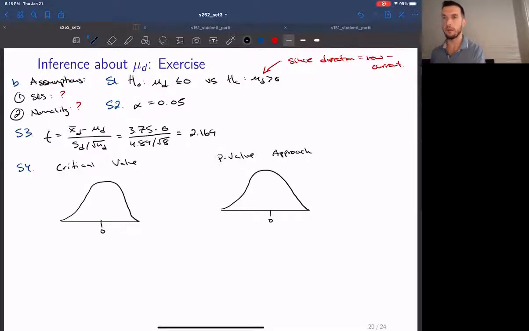For the critical value approach, we are going to have a critical value on t at 0.05 and 7, since the degrees of freedom are the number of differences minus 1 or the sample size minus 1. So it's simply 8 minus 1, which is 7.